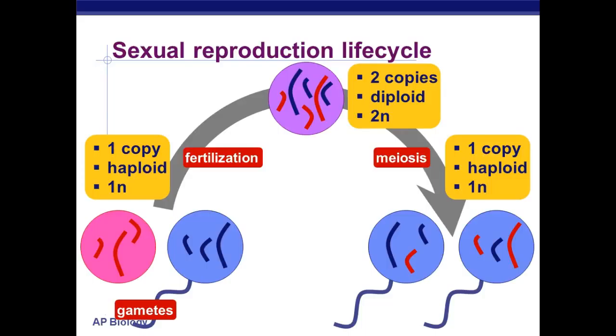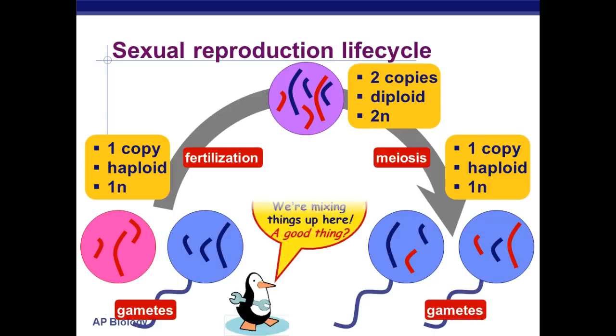Yes, they share many of the same genes and chromosomes, but they can be recombined. Next generation, we're mixing things up. Because of natural selection, we now have the variation that natural selection can work on. It's a good thing.